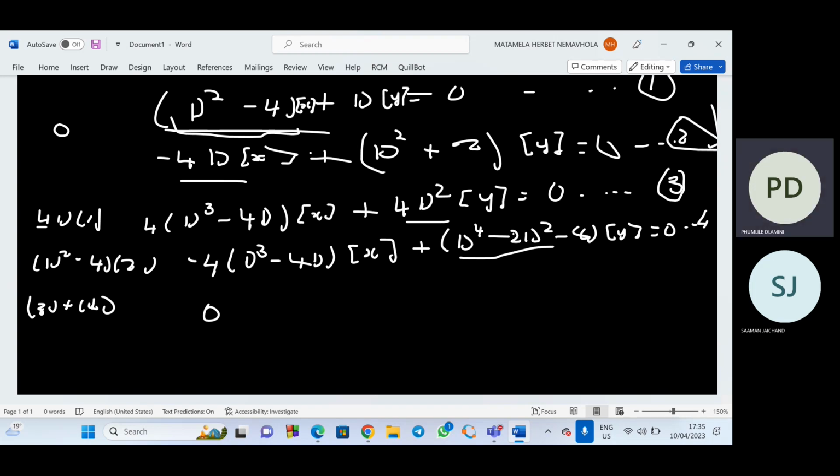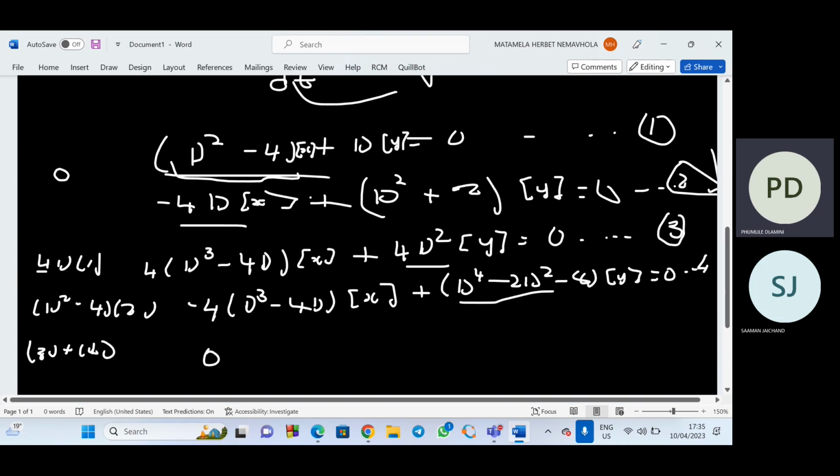Let me calculate properly. Just give me a few minutes. So for equation 3, we have plus 4d squared.